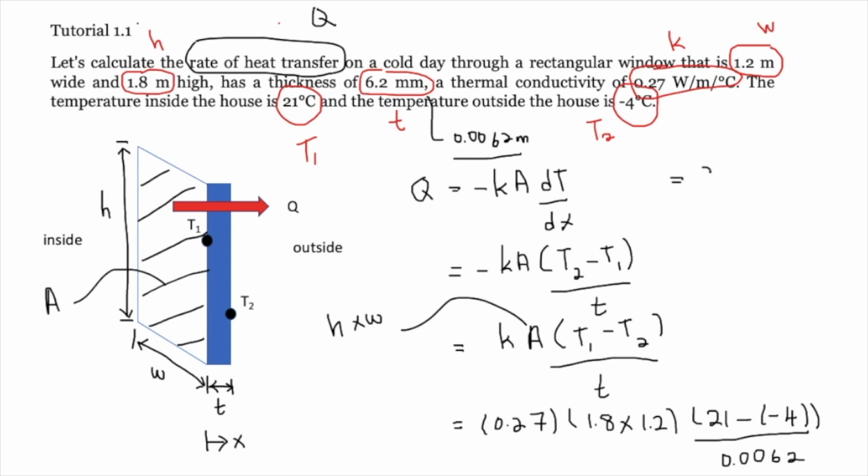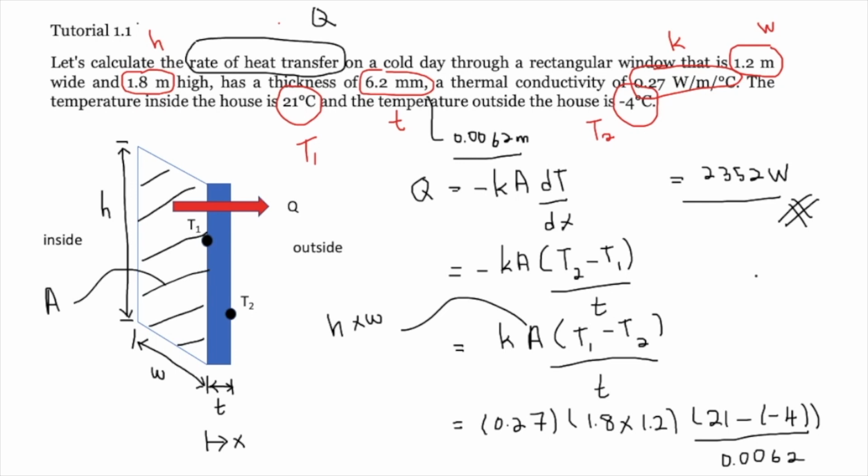So finally what we got is Q equals 2352 watt. So that's how we calculate conduction through a wall, heat transfer by conduction.